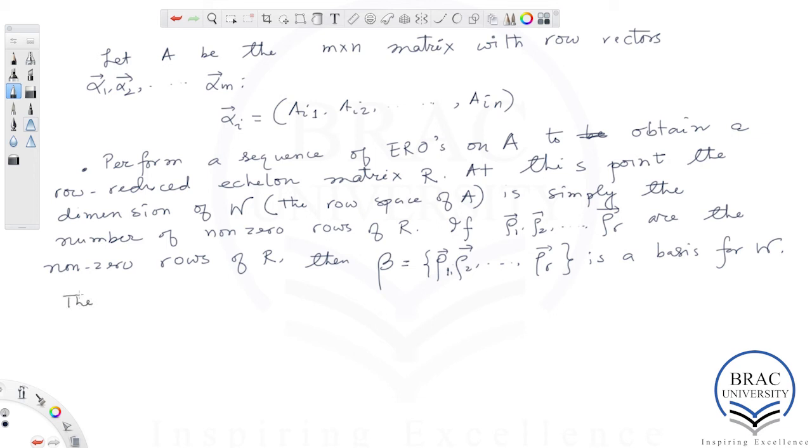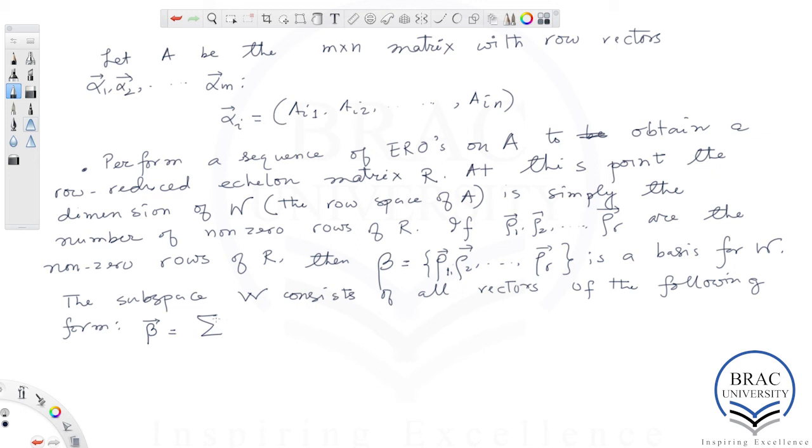The subspace W consists of all vectors of the following form: beta is equal to the sum of c_i rho_i, where i runs from 1 to r.